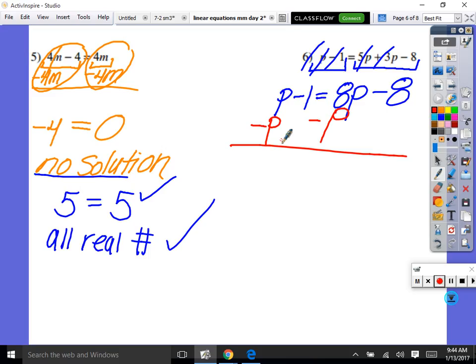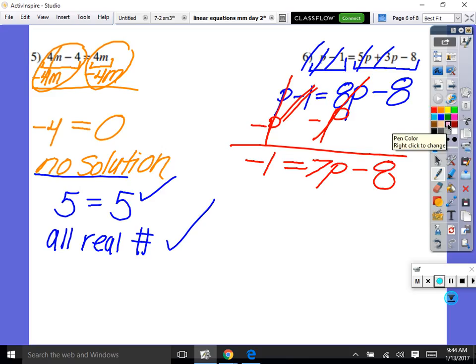Now on this side of the equation, those become a 0 and we have left negative 1. We still have our equal sign. Now we have 8 p's minus 1 p's, which is how many p's? 7 p's. And then we still have minus 8. And now we're to our step where we just get the variable all by itself.